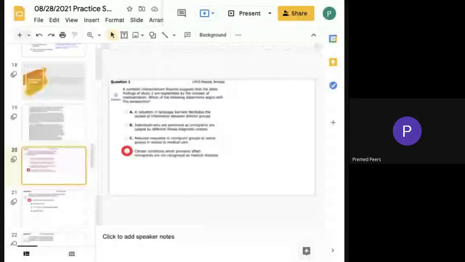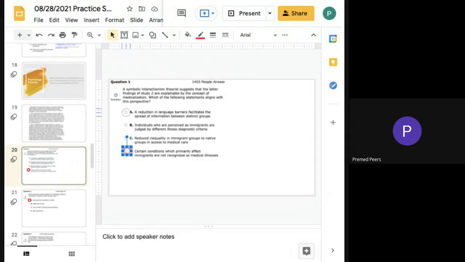So A is correct because symbolic interactionism explains how the meaning people attach to symbols or objects or behaviors affects the way we function in society.